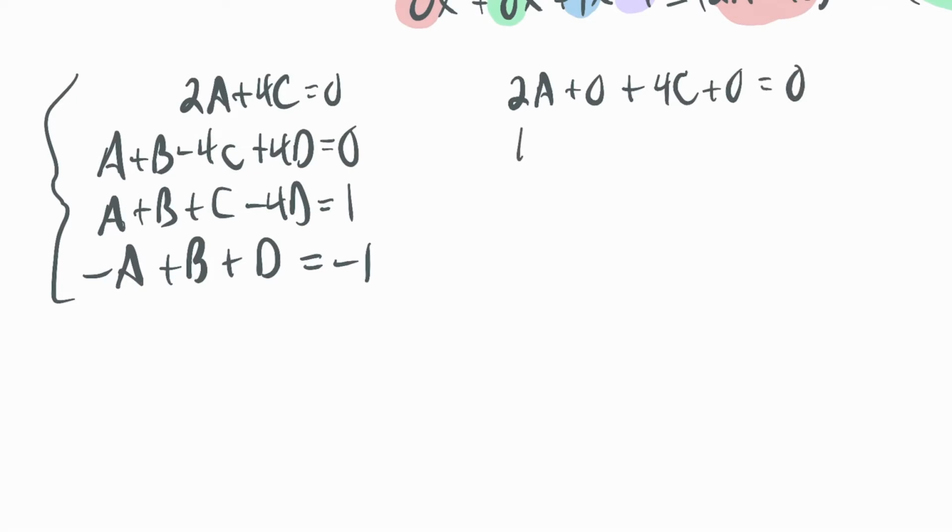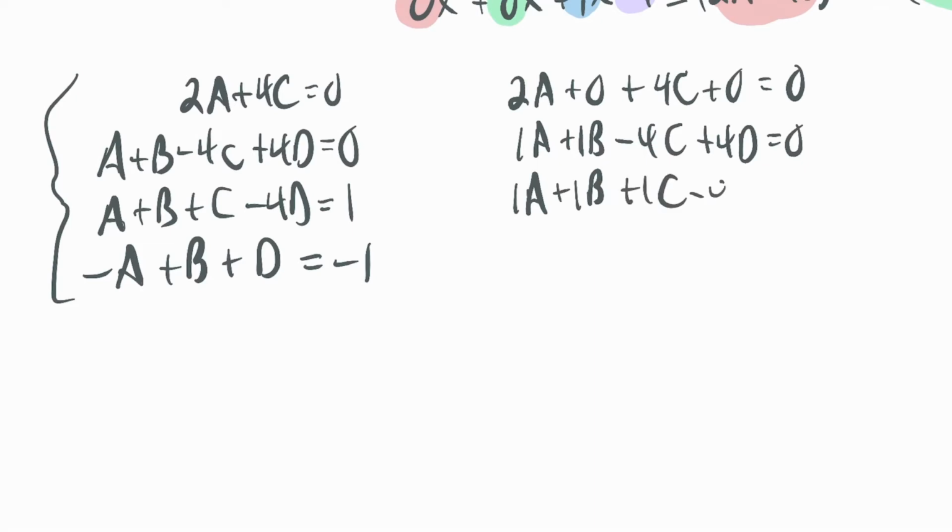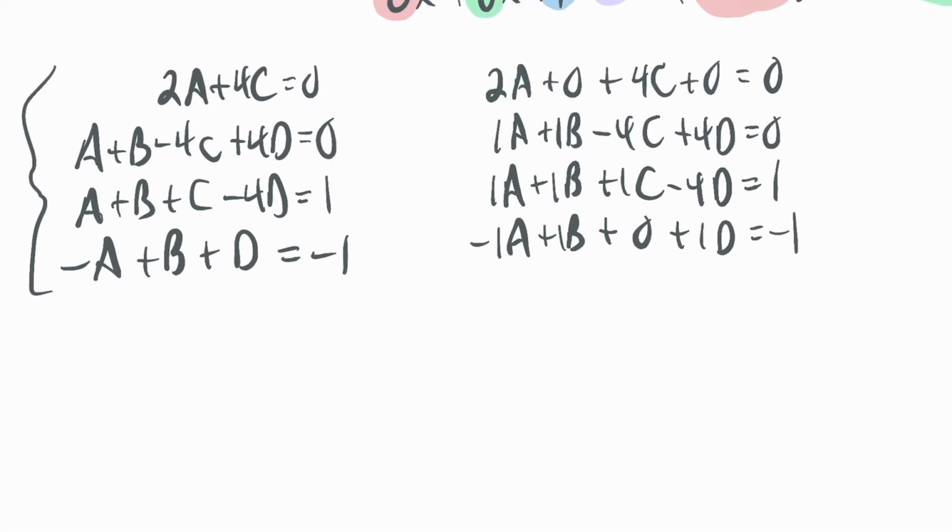And then 1a plus 1b minus 4c plus 4d equals 0. 1a plus 1b plus 1c minus 4d equals 1. And then minus 1a plus 1b plus 0 plus 1d equals negative 1.